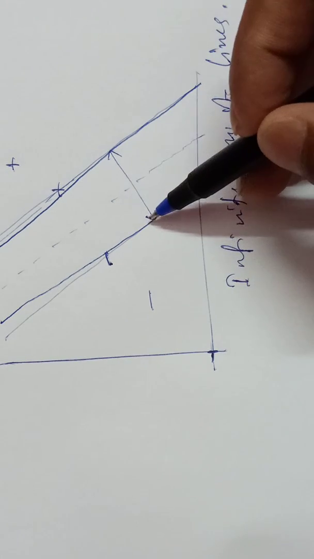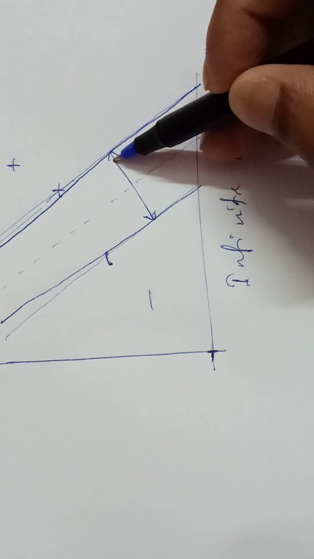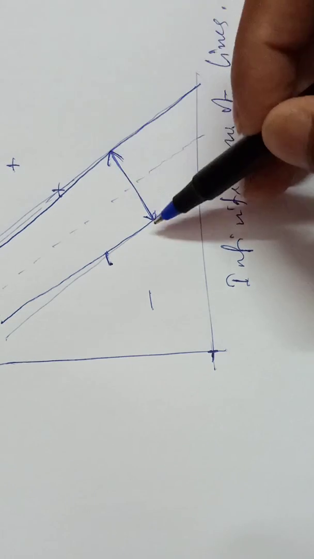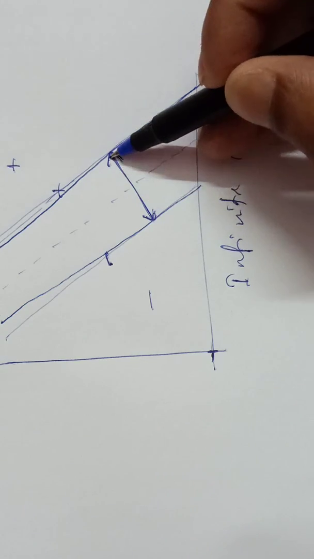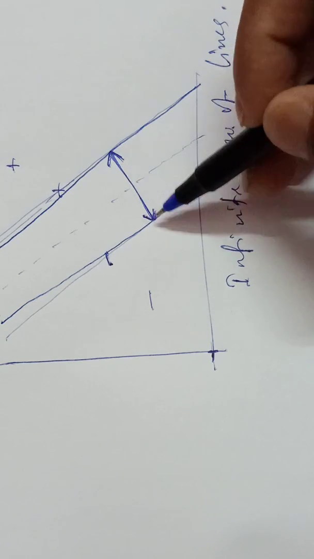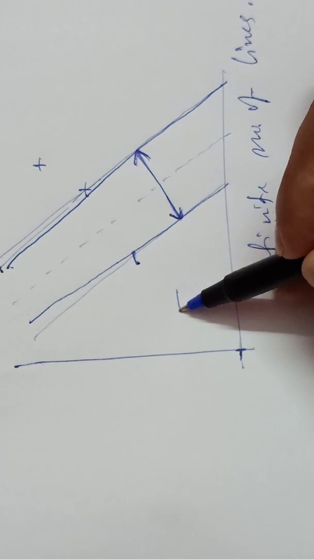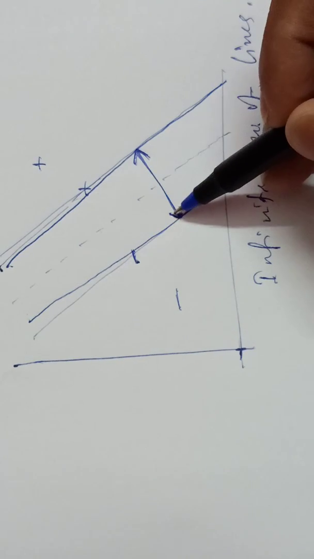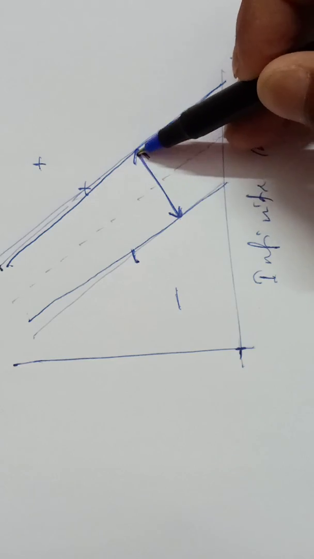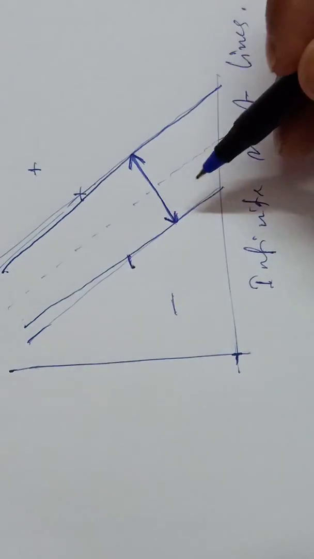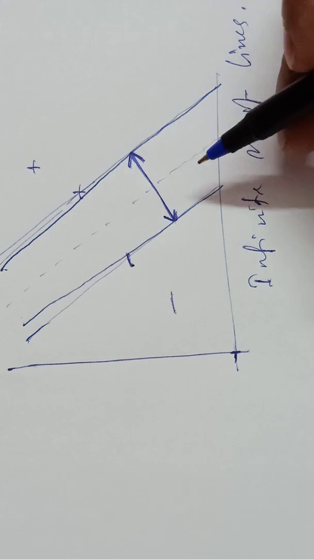So if we can maximize this depth somehow, then there is a chance to classify the positive and negative records. Our target is to maximize the depth of this street. This is known as the street, or sometimes a gutter, or trough.